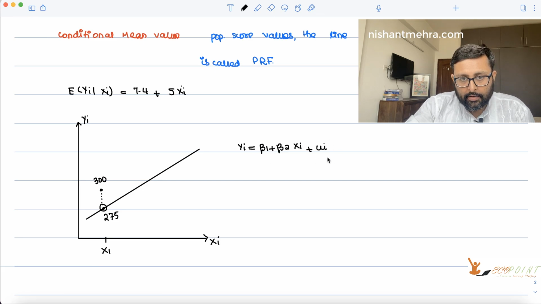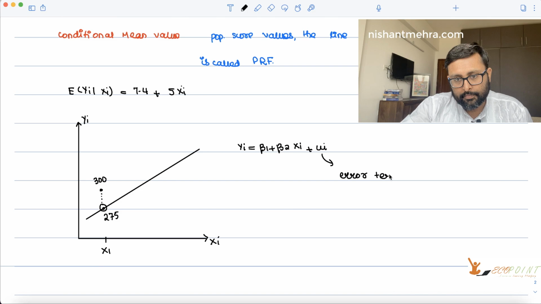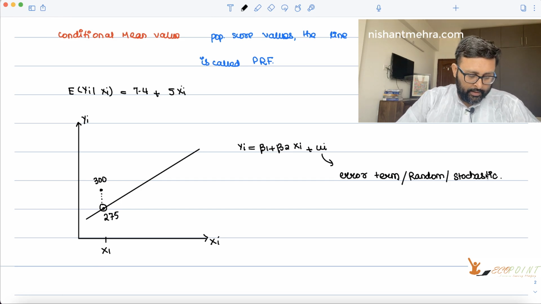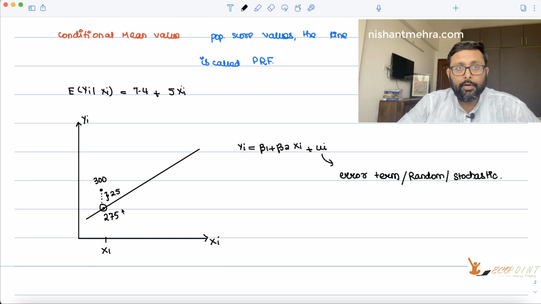So you have to add this term, the error term, or random error term, or stochastic component, right? Its value cannot be known a priori. You don't know what this error is, although here the error is 25 for this particular individual. This value cannot be known a priori.